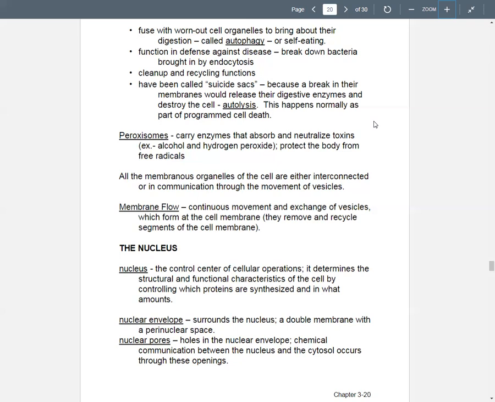They're also sometimes called suicide sacs, and basically, if they break the membrane of the lysosome, those digestive enzymes would actually destroy the cell, and that's called autolysis. Remember, auto is self, lysis is breakdown, and this is actually a normal process.